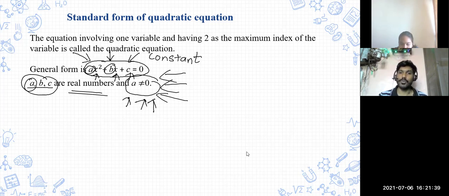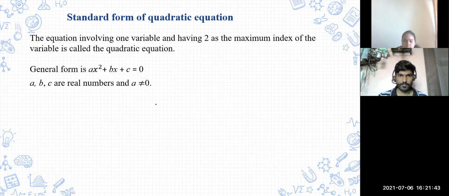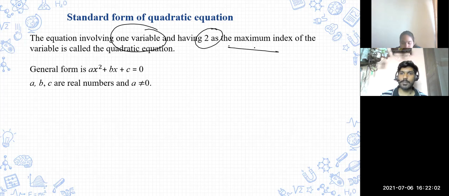Up to here, are these points clear? Yes. Okay. So two things to remember. First is the definition of quadratic equation. Second is the general form of a quadratic equation. So the definition of a quadratic equation: equation involving one variable, and 2 is the maximum index of that variable, or maximum power.